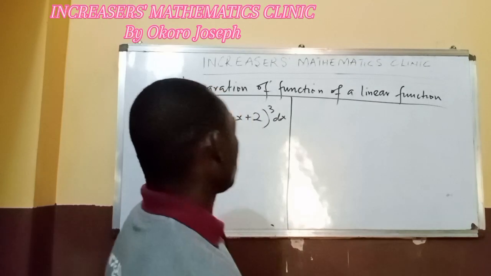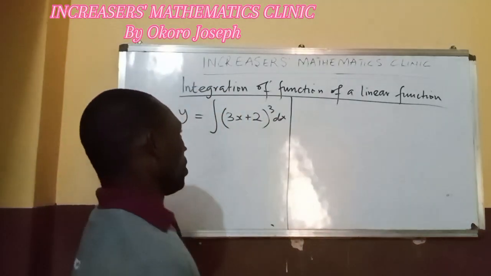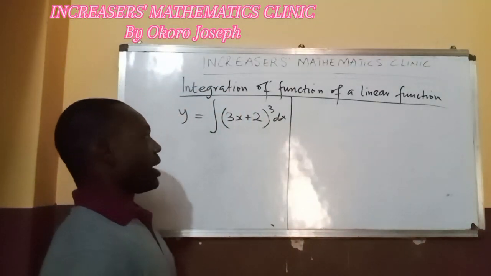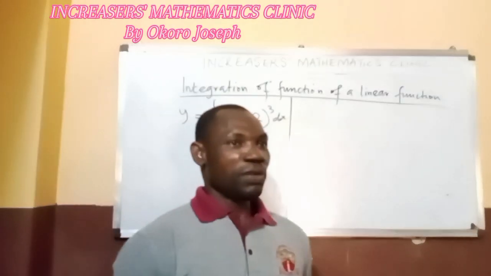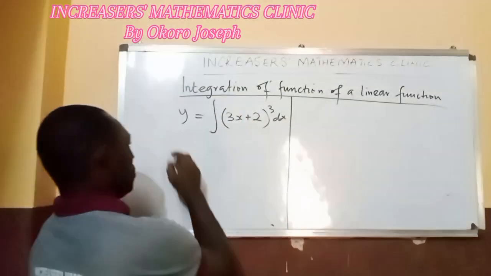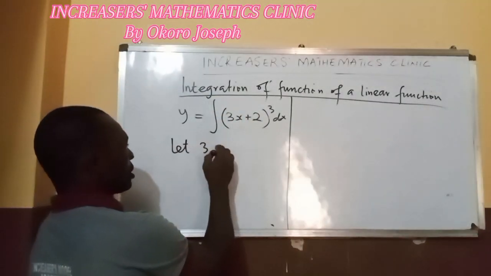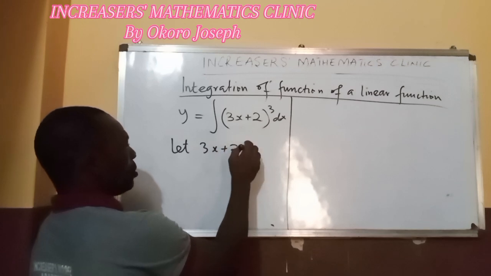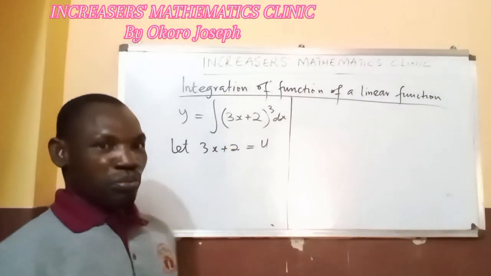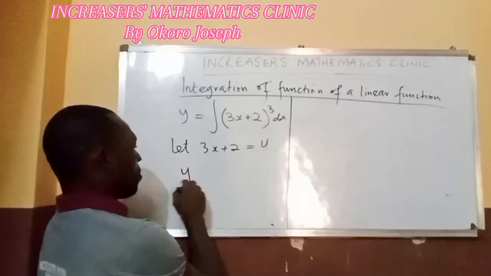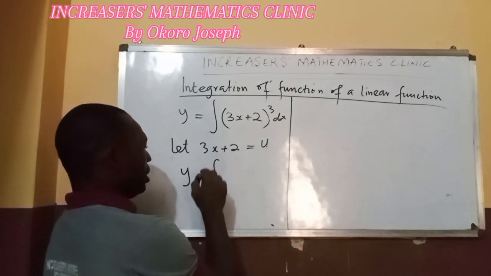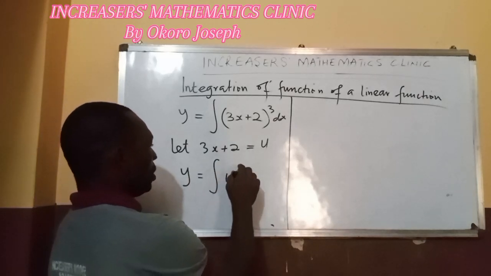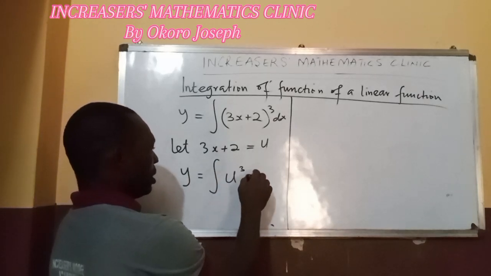And for the sake of this particular question on the board, I am going to assign 3x plus 2 the value u. So let 3x plus 2 be equal to u, meaning that I now have y is equal to the integral of u raised to power 3 dx.